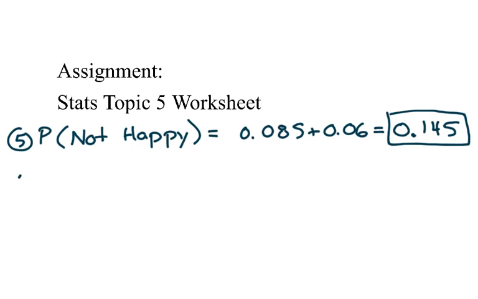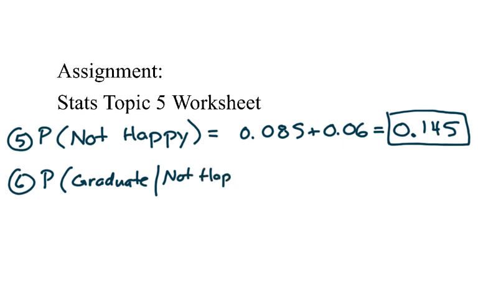Right. 6. Let's now find the probability that somebody graduated given that they're not happy. So here we are only looking at the people that are not happy.